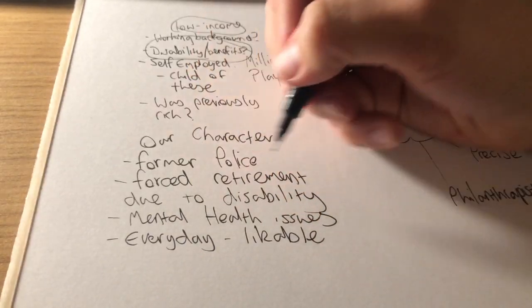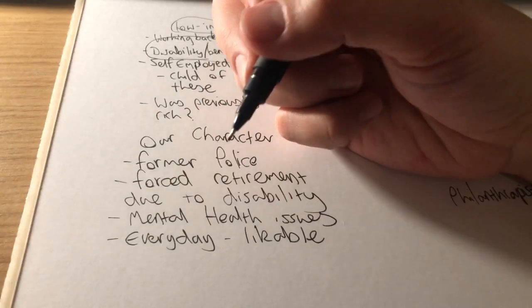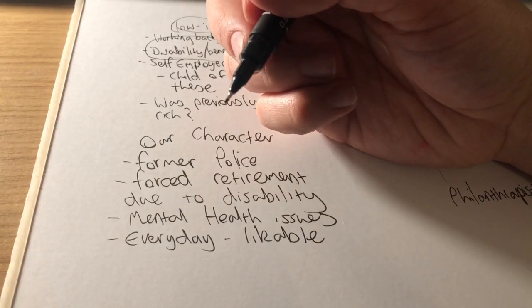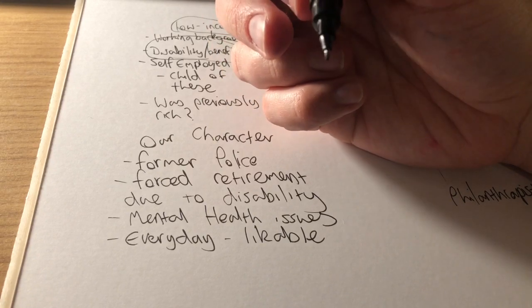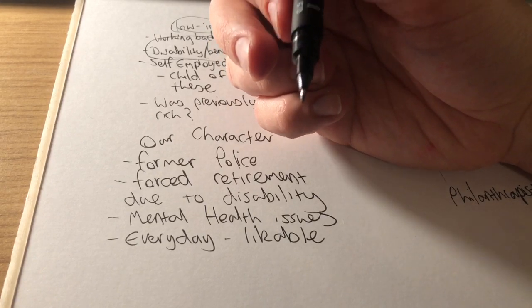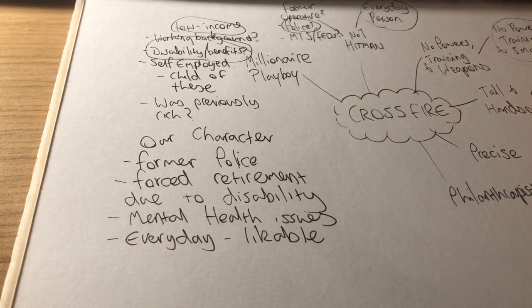Since he's in forced retirement, that means he'll receive a police pension. So he will, and other than that, will be supplemented by state welfare. So he will not have a huge wage to live off. He won't be like Crossfire, who can get all these weapons.